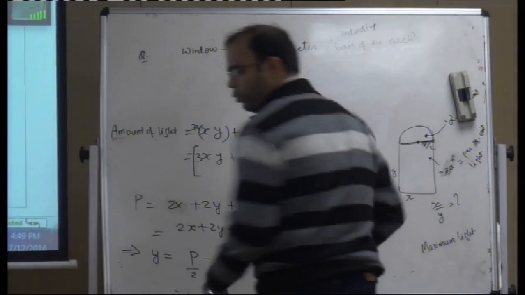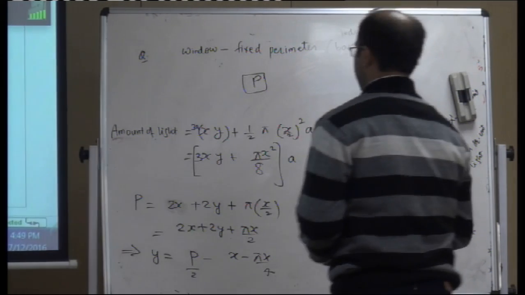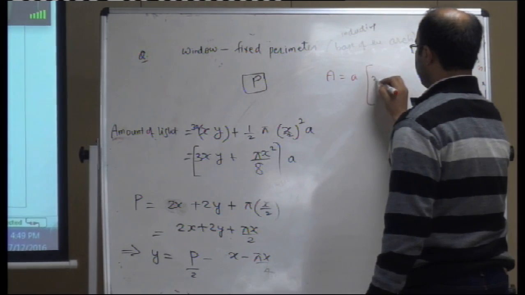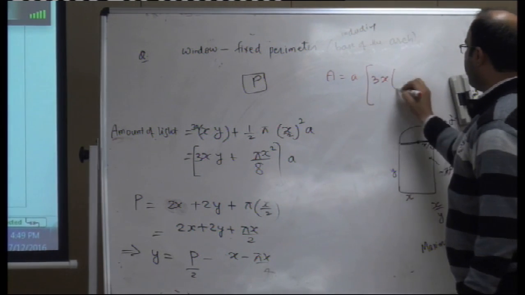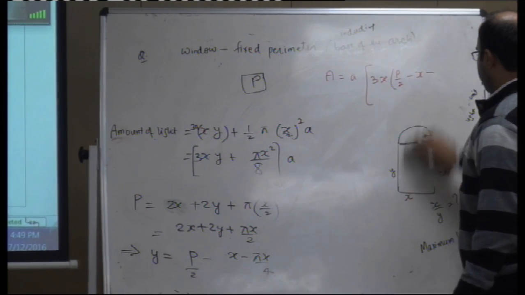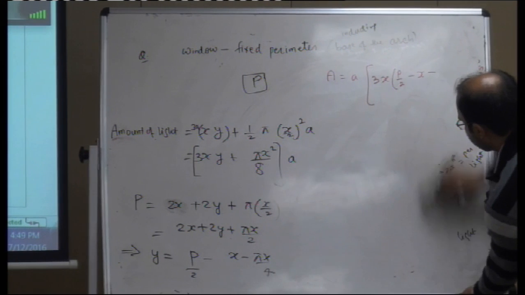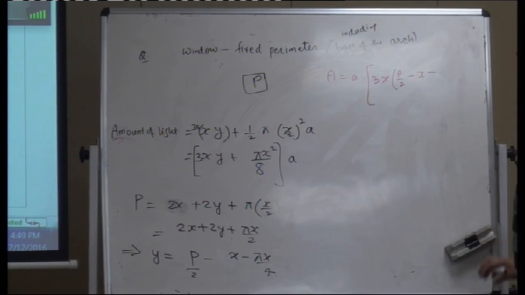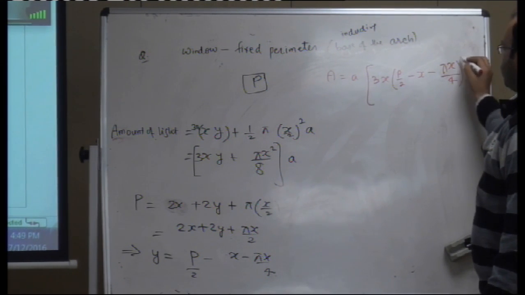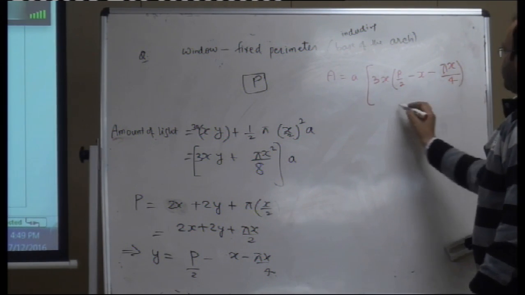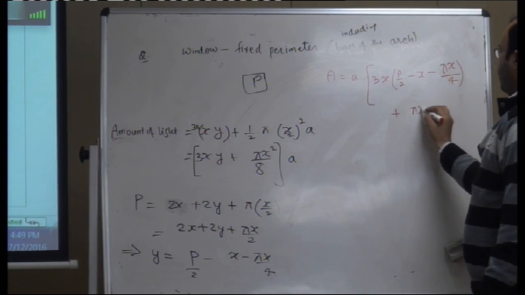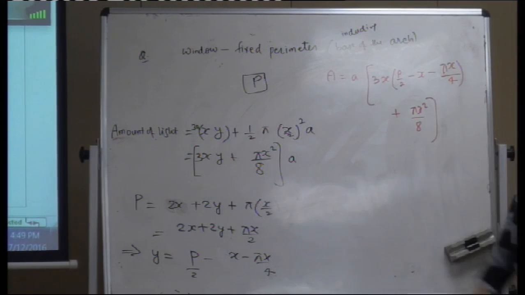Next, the amount of light is A into 3x, and y comes out to be P by 2 minus x minus pi x upon 4, and then we have plus pi x square upon 8. This is what we get here.